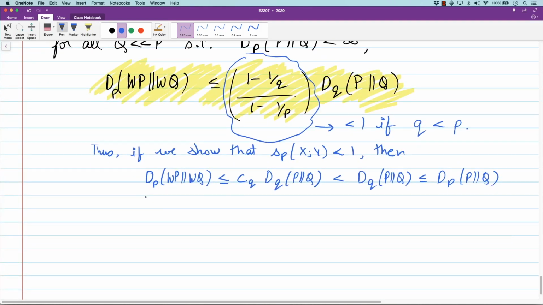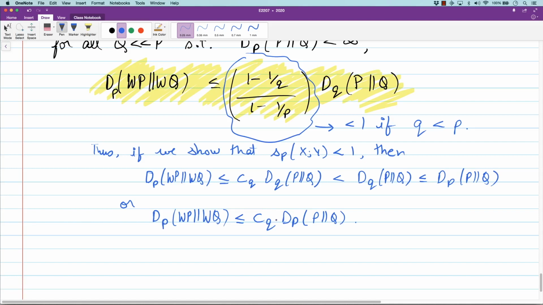Or alternatively, this is the data processing inequality we saw earlier, except that this constant can be made less than 1.